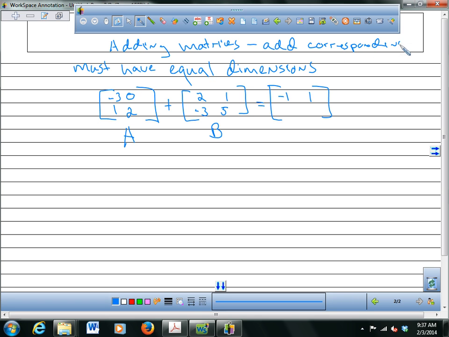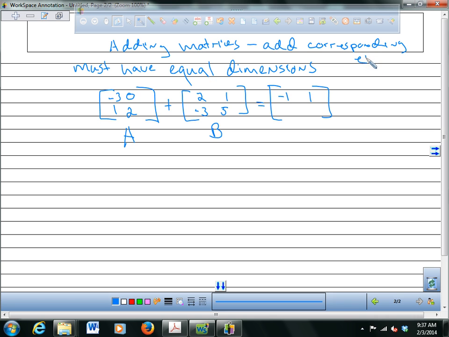So -3 plus 2 gives you -1 and goes there, and so on, giving -1, 1, 1, -2, and 7. So A plus B is equal to that matrix right there, which we'll call C. Okay? Questions about that?